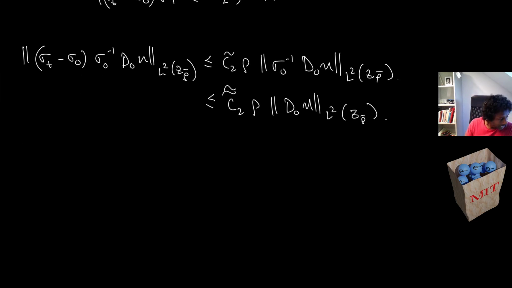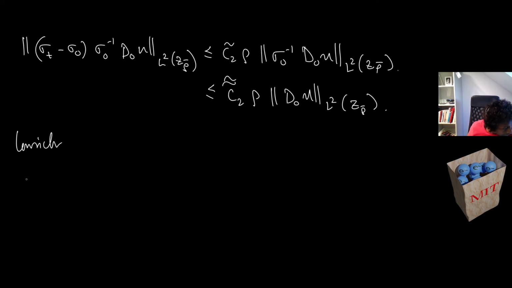So now let's consider the other term, right? So we need to bound sigma t RT of U squared L2 Z rho bar. So now this is what?